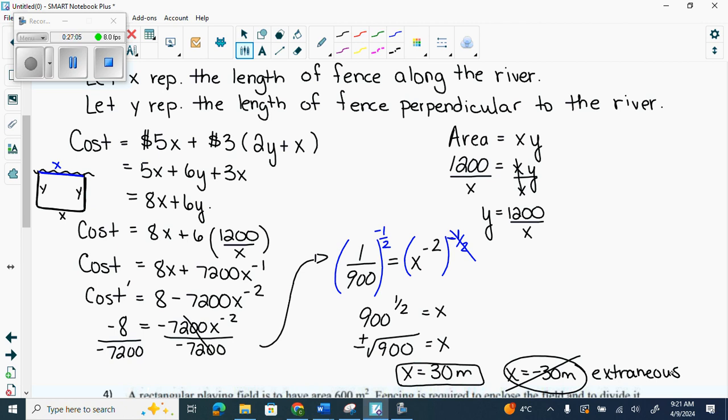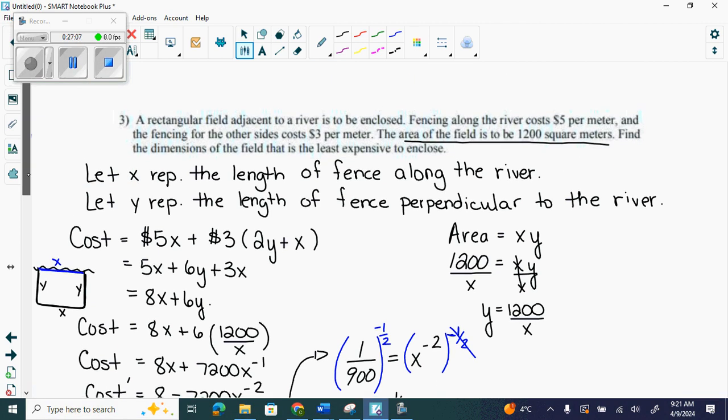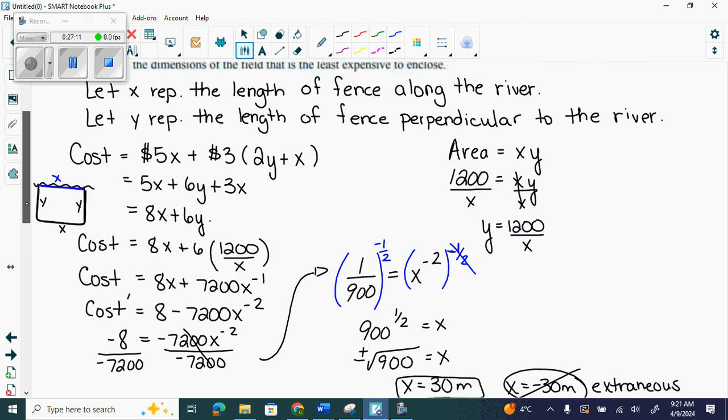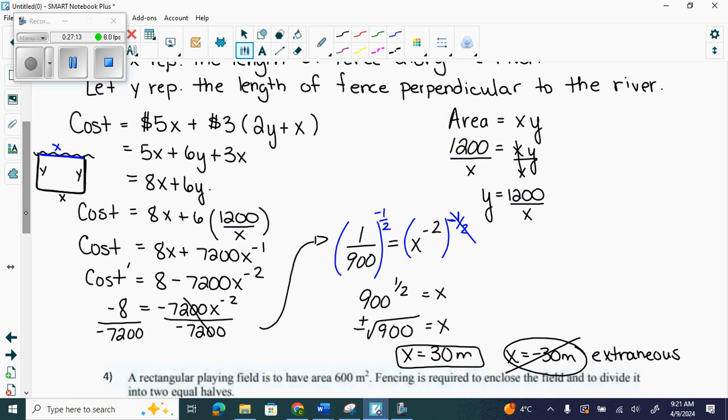All right. The question is to find the dimensions of the field that is least expensive. So what are the dimensions? How do I find them? x is 30, and then for this one y equals 1200 divided by 30, which is what? What's 120 divided by 30? 40 meters.